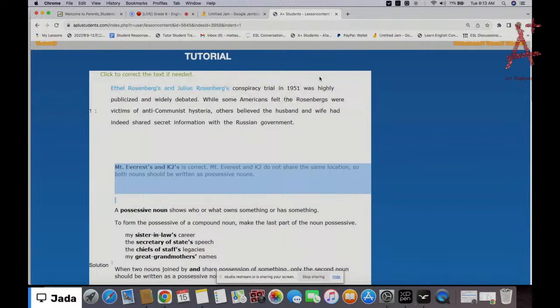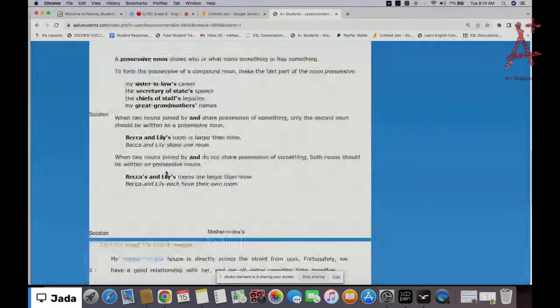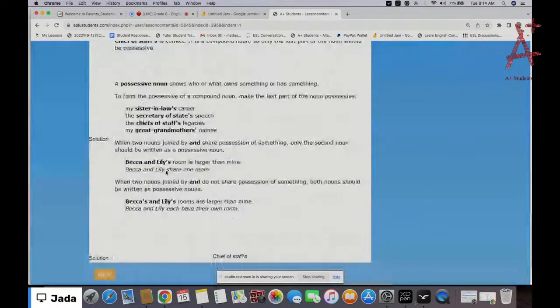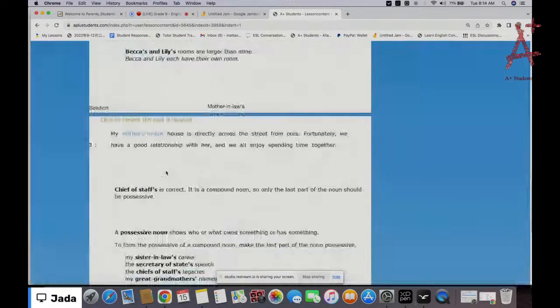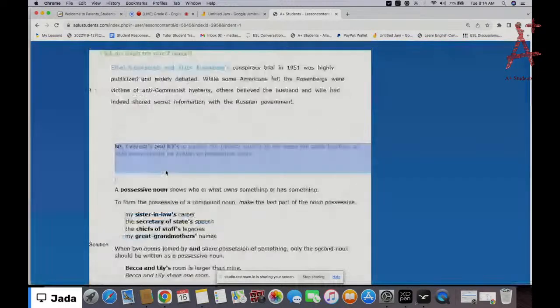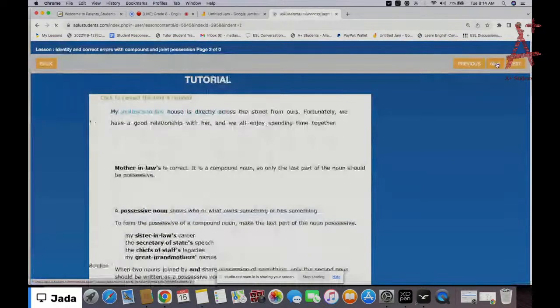While some Americans felt that Rosenbergs were victims of anti-communist hysteria, others believed the husband and wife had. All right, so we will just try the test and see, because I wanted to show you some correction, but it seems like the questions are mismatched. So we'll just go to the test and try.